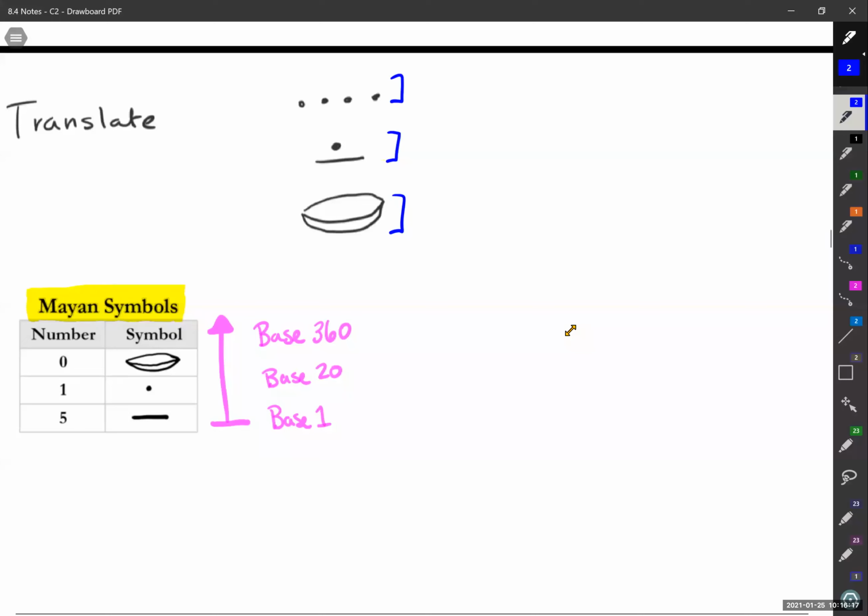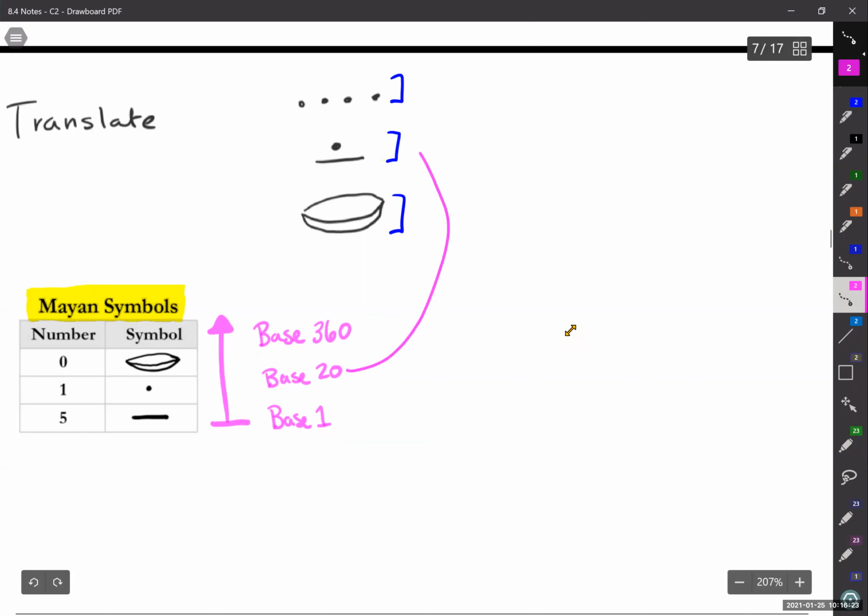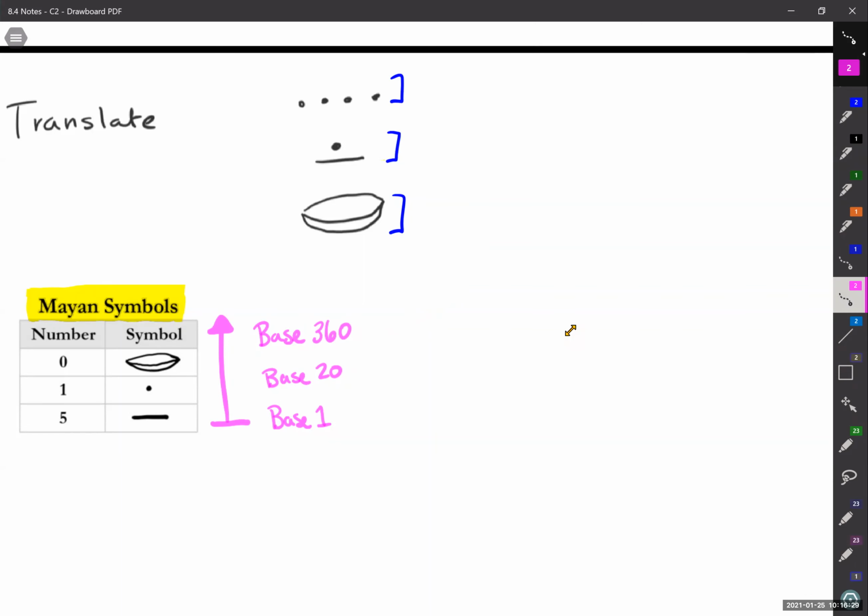Now we know each of these locations corresponds to a base: the bottom is base 1, the middle is base 20, the third is base 360. So give everybody a moment to calculate this number. Remember, you translate the symbols and then multiply by the base based on its location.